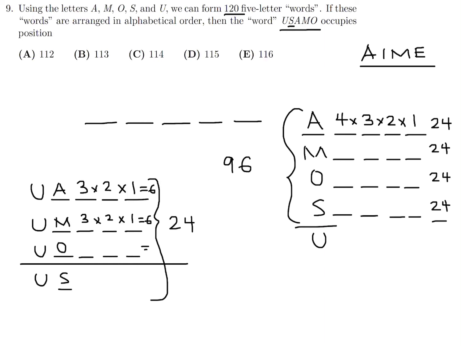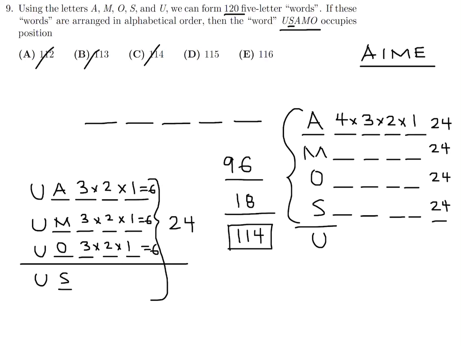And very similarly, 6 choices for those spots for a number or word beginning with UO. So now we've used up another 18. So we had 96 from these guys, and now we have an additional 18. So now we are up to 96 plus 18, 114. 114 is what we're up to.